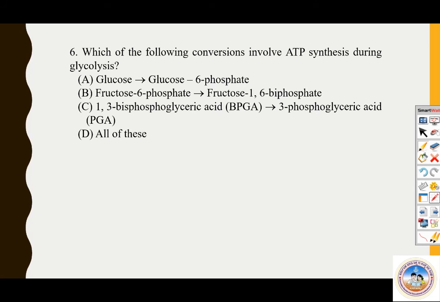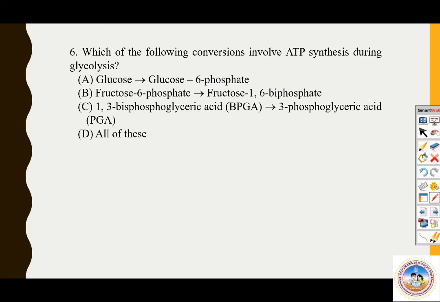Now again, children, I am telling you, preparatory phase and payoff phase. In the preparatory phase, ATP is always being consumed. Where ATP is being synthesized, it is always in your payoff phase. Am I clear to you? So here, the first option, glucose to glucose 6-phosphate, ATP was consumed. Fructose 6-phosphate to fructose 1,6-bisphosphate, the ATP was consumed. 1,3-bisphosphoglyceric acid to 3-phosphoglyceric acid.